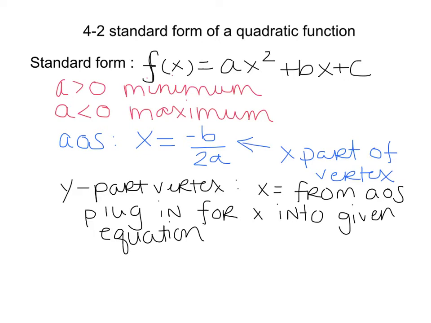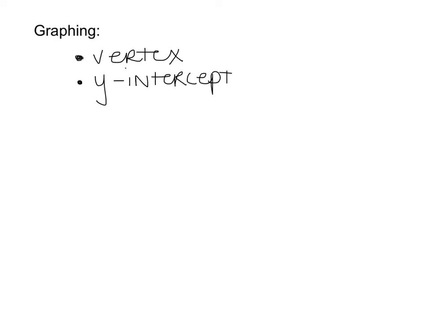And then the last thing you need to find is what the y-intercept is. And to get the y-intercept, it's the point 0, c. When you are graphing parabolas that are in standard form, you need to graph the vertex, the y-intercept, the axis of symmetry, and then you are going to graph a point of reflection.